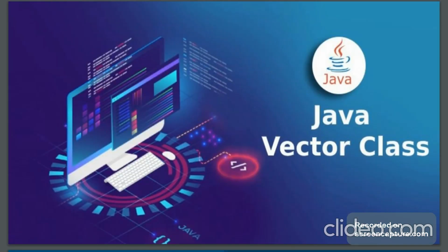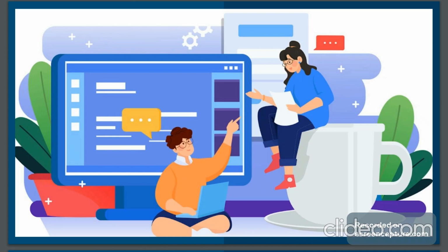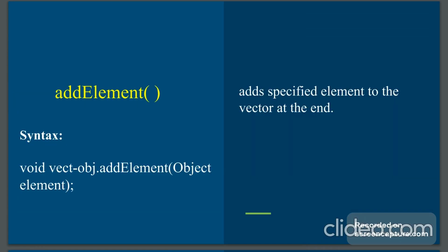Now we will see there are predefined methods under this vector class. So we will see how to code that method to implement the vector concept in Java. The first method is addElement where E is capital. It is used to insert or add the given element at the end of the vector.